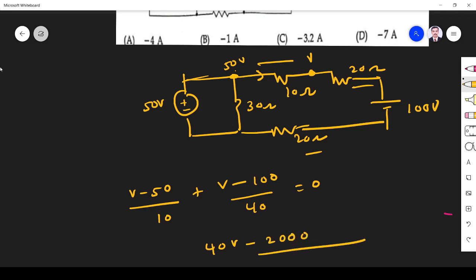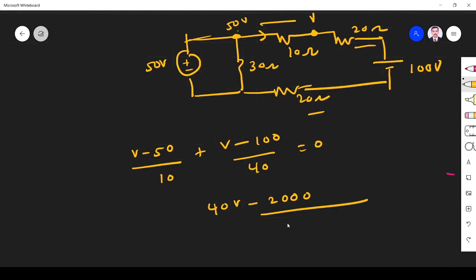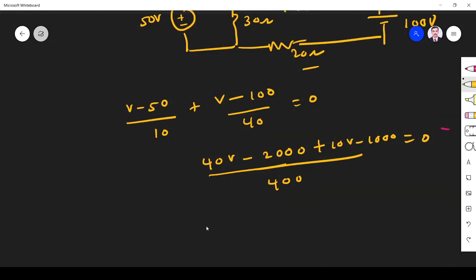I take an LCM as 400, right? So minus 2000 plus 10V minus 1000 equal to 0. So if we simplify, what I get is V is equal to 60 volt.